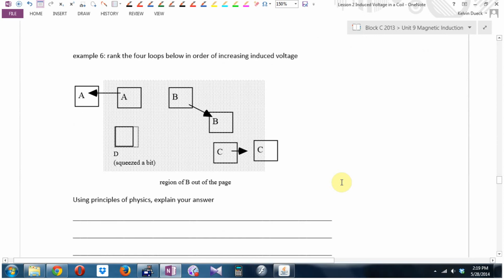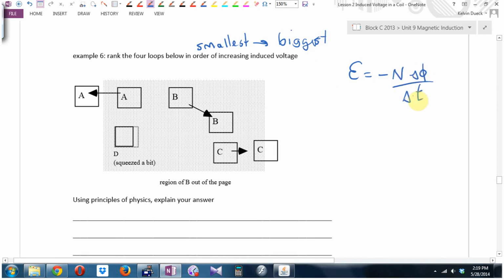Example 6 says, rank the top 4 loops below in order of increasing induced voltage. So go from smallest to biggest, keeping in mind that induced voltage is equal to negative N change in flux over change in time.